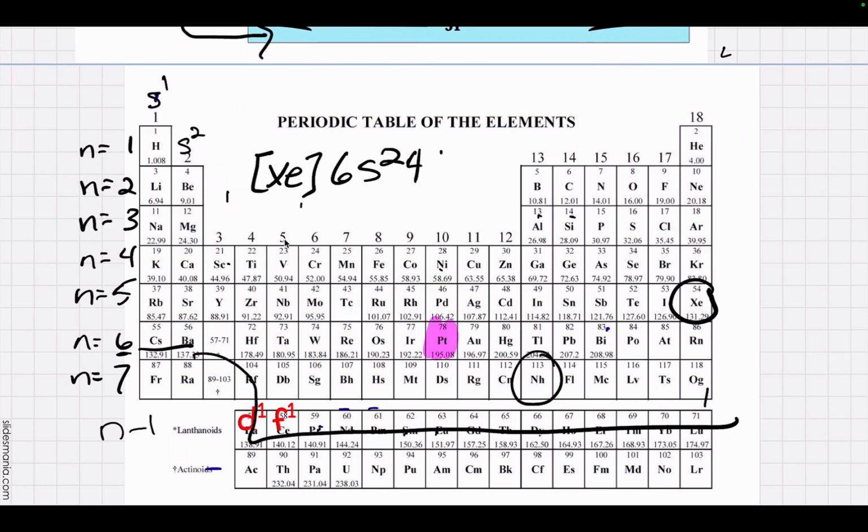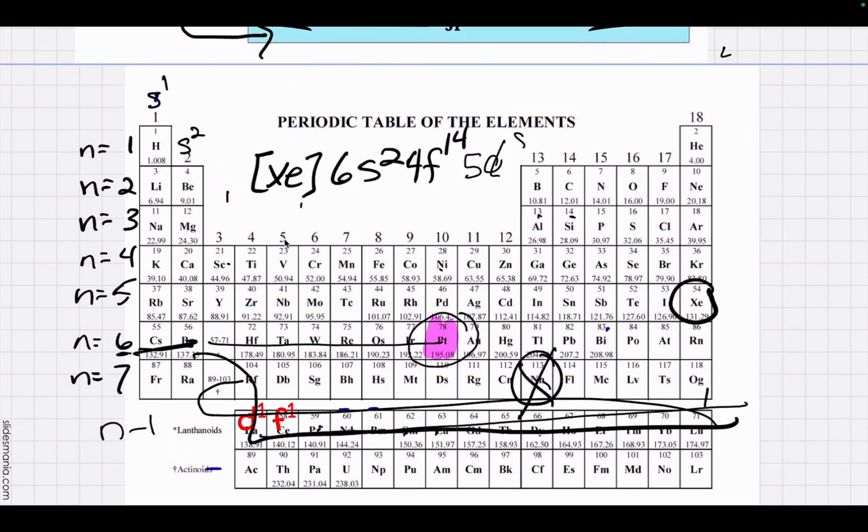Like I said, no need to write down the d unless we end in the f's. Then we come back out, and then we are going to have the 4f14, then 5d. I'm doing the wrong one. Sorry, we're doing platinum. So 6s2, 4f14, then we come back out, 5d8.